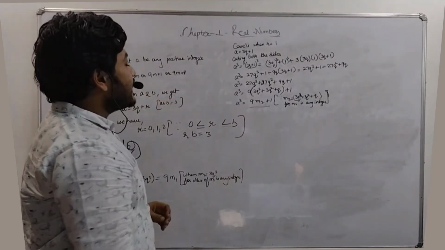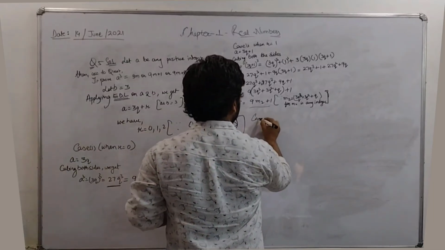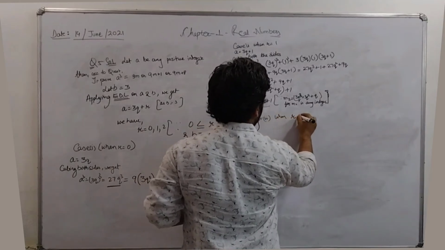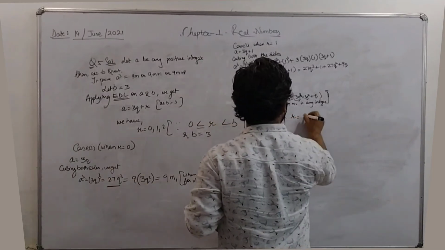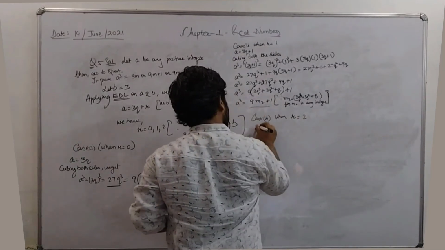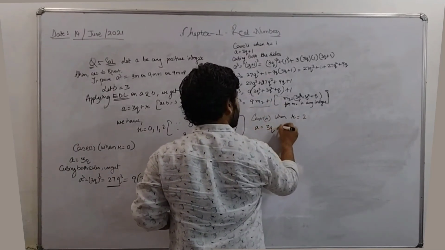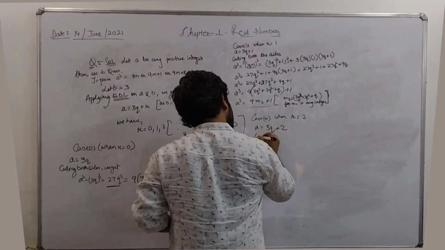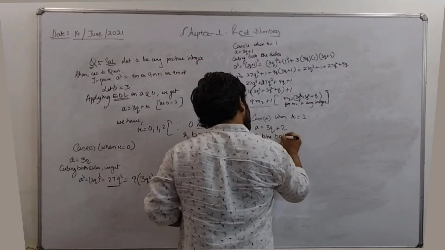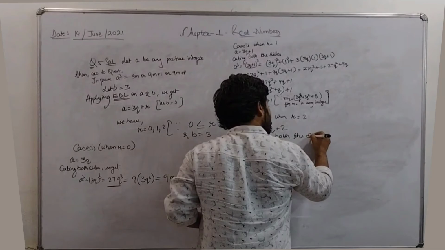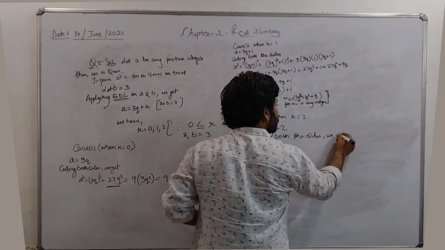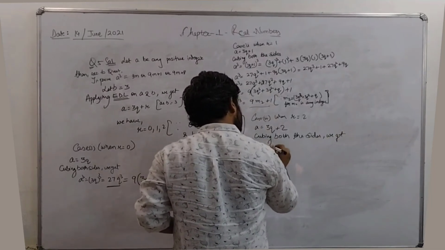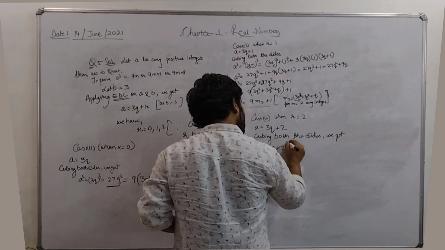Now seeing the final case, that is case number 3, when r is equal to 2, so a is equal to 3q plus 2, cubing both the sides, we get a cube is equal to (3q plus 2) whole cube.